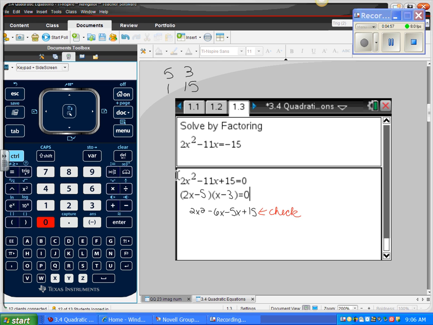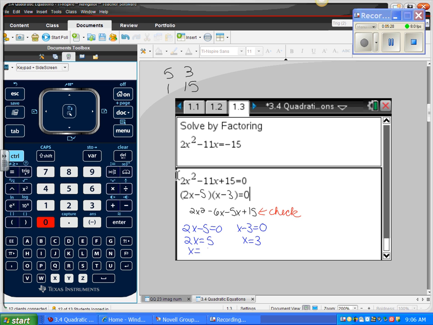Okay, so what do I do from here? Good. Set each factor equal to 0. x equals 5. Okay, one more step there.